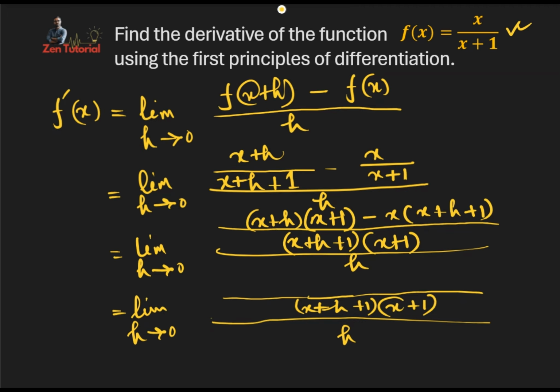and if we multiply, so the result will be x square plus xh plus x plus h minus x square minus xh minus x.